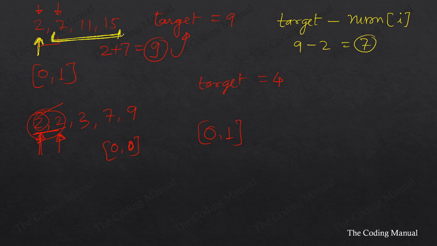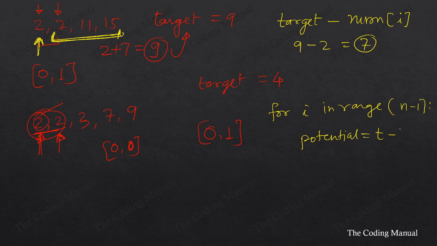What is the index? This searching is very easy if we use nested loops. I will start with for i in range of length n minus 1, and then I say I have a potential candidate, which is target minus nums of i, and then I say for j in range of i plus 1 till n.